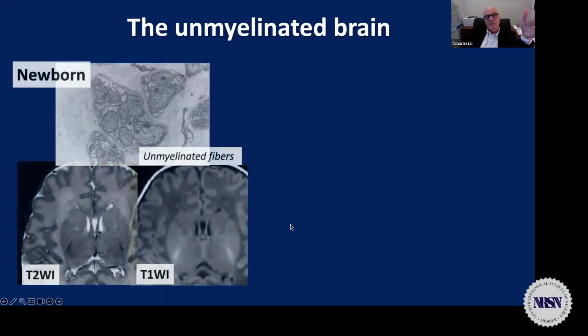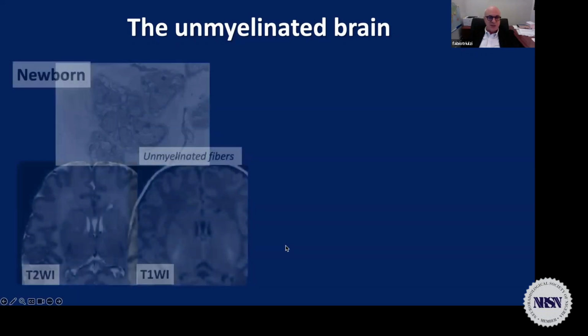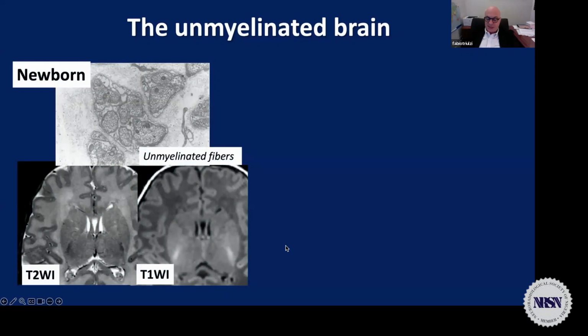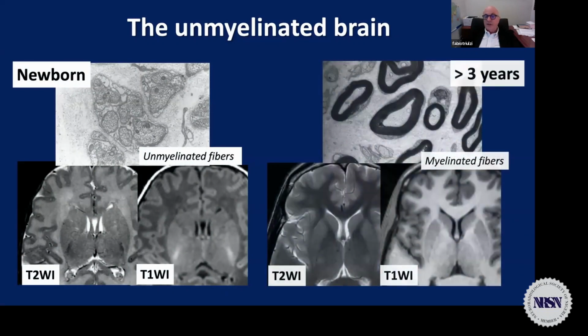So the first important difference is that, as you probably know, the brain of a newborn is almost completely unmyelinated. So the conventional T2 weighted and T1 weighted images are very different from the adult one.